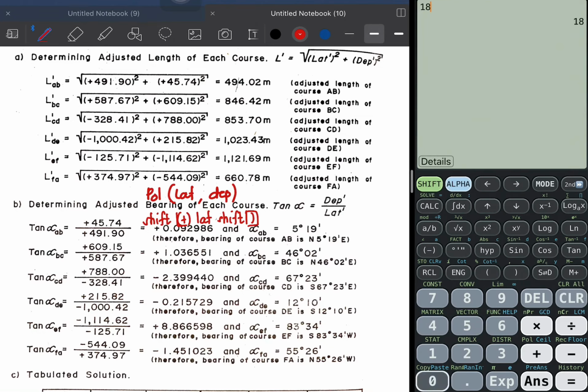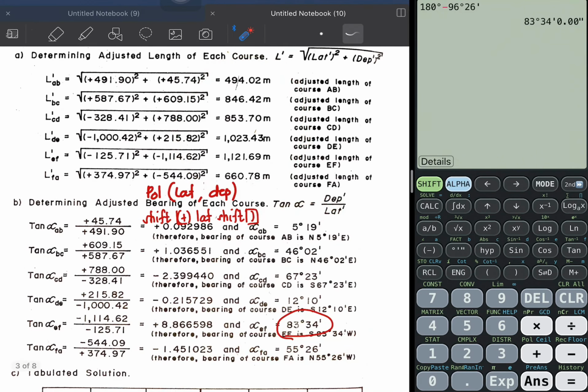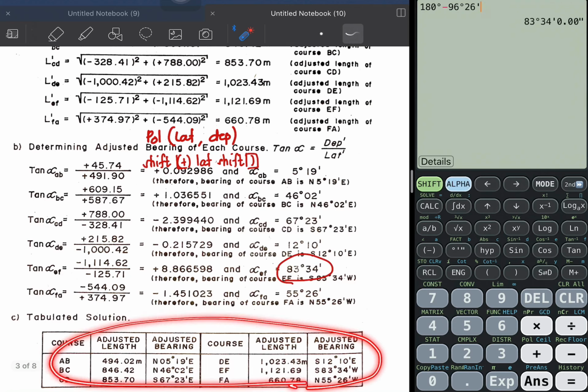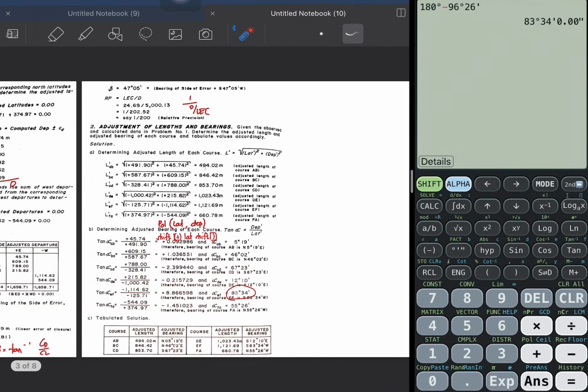Okay? So 180 degrees minus 96 degrees 26. That is 83 degrees 34 minutes. Okay, so that is the complementary angle. Okay, then after that, if you already solve all the adjusted length and adjusted bearing, you tabulate your answer with the adjusted latitude and departure. Okay, so that is the answer to the problem. Thank you.